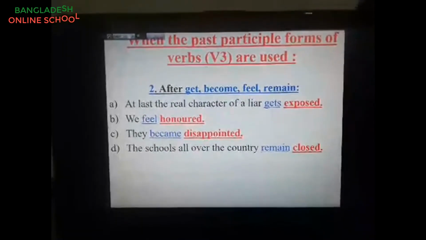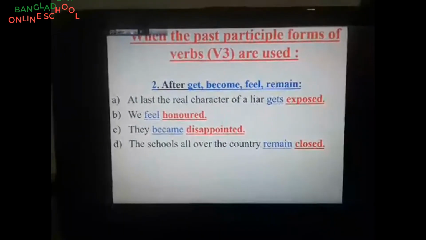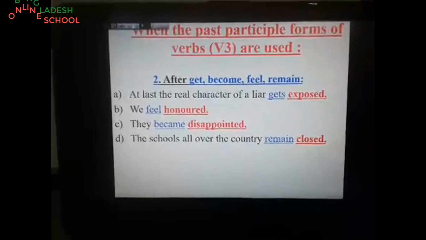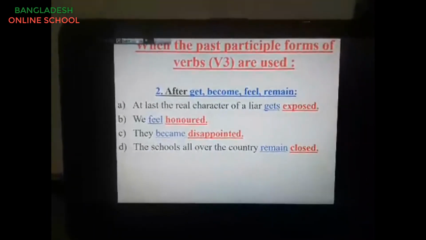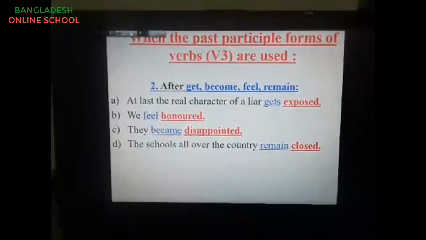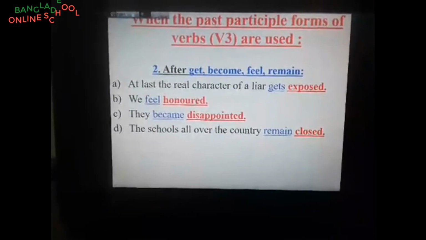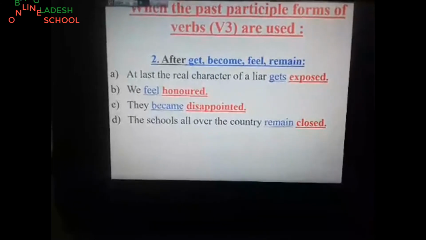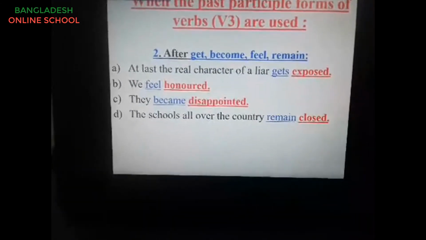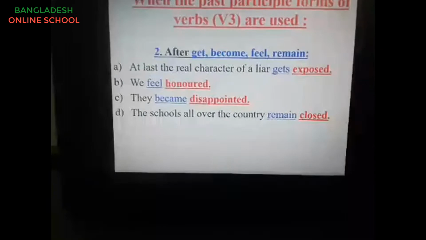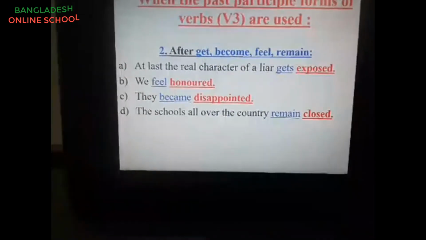In the fourth sentence, you see the schools all over the country remain closed. Here, you see closed is the past participle form because it is used after the remain verb. That is why closed is here the past participle form.